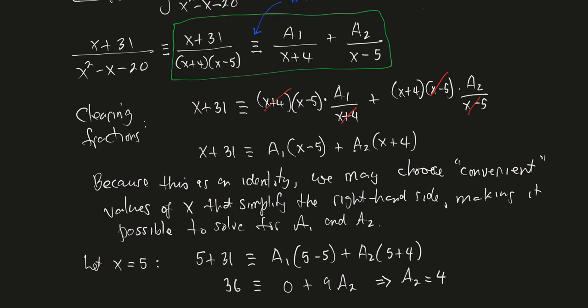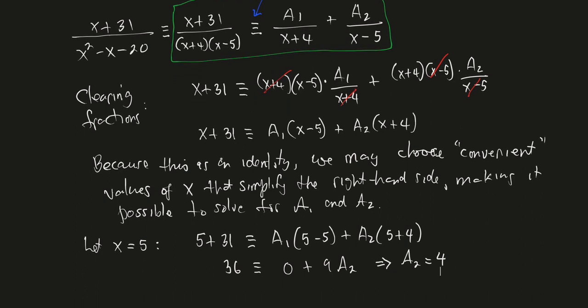So then I repeat this process. Why not pick a value of x that will eliminate this term, but then allows me to solve for a1? So looking at this, if I let x equal -4, then this factor is 0, this whole term goes to 0, and then I'll be able to get my a1.